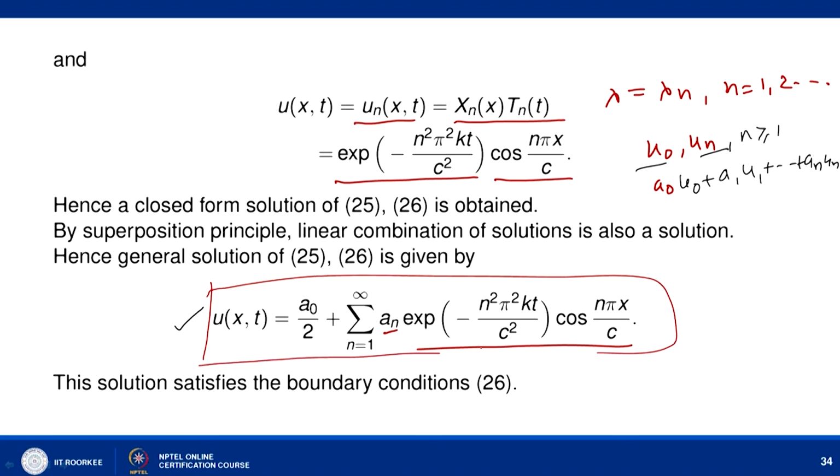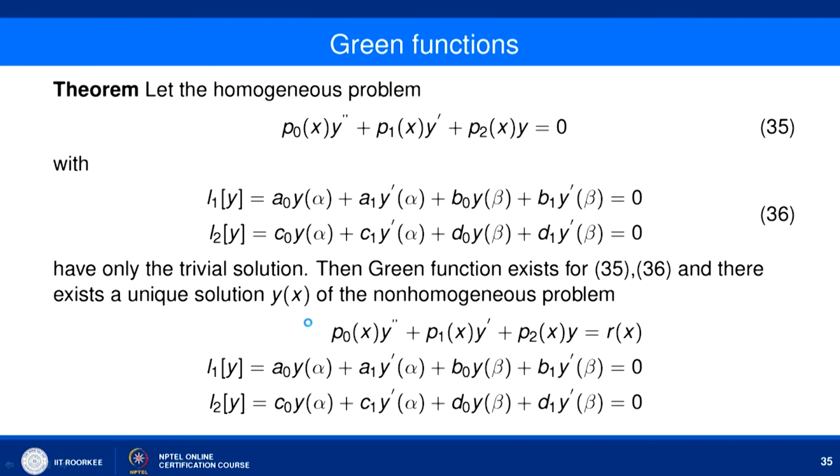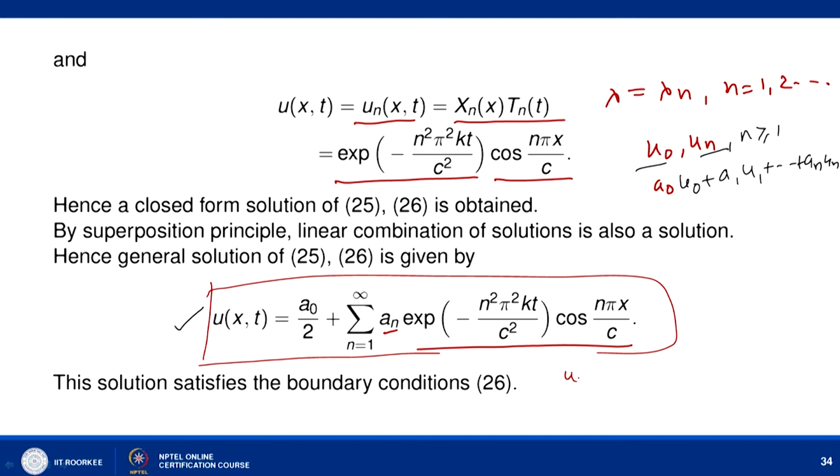Now, this is a complete solution provided we know these coefficients a naught and a n, because so far we have utilized only the boundary conditions, and we have not utilized the initial condition. So to obtain these a n's we can use the initial condition, that is u of x, 0 equal to f of x.